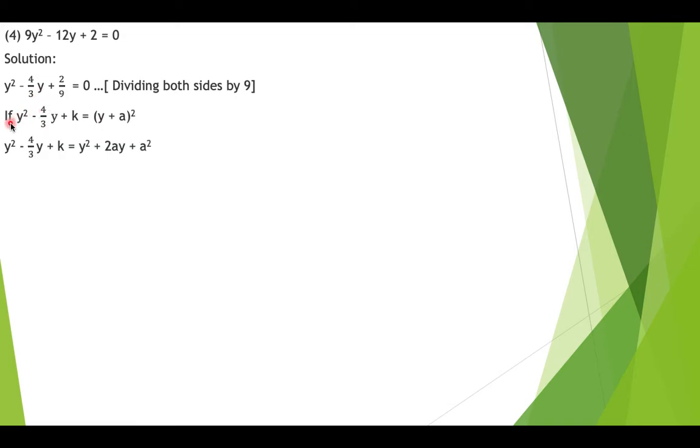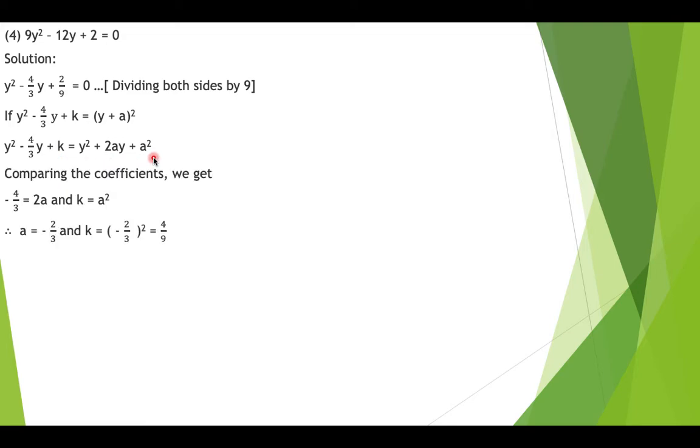Okay, now again we proceed with the sum, that is we now use y square minus 4 by 3 y plus k is equal to y plus a the whole square. Again expanding this, we get y square minus 4 by 3 y plus k is equal to y square plus 2ay plus a square. Comparing the equations, we get 2a, the coefficient of y, is equal to minus 4 by 3, and k is equal to a square.